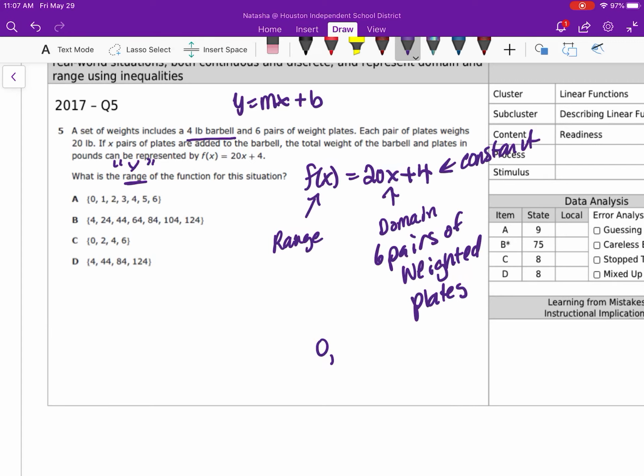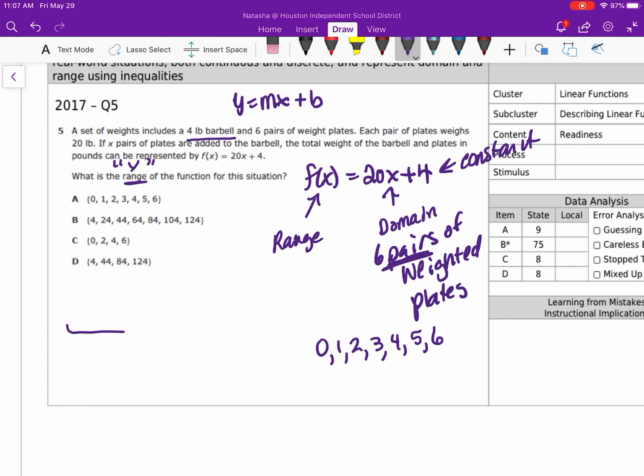We can have a 0 pair, a 1 pair, a 2 pair, a 3 pair, a 4 pair, a 5 pair, and a 6 pair. We can't have anything more, and we're not going to have half because it's saying pairs of weighted plates.